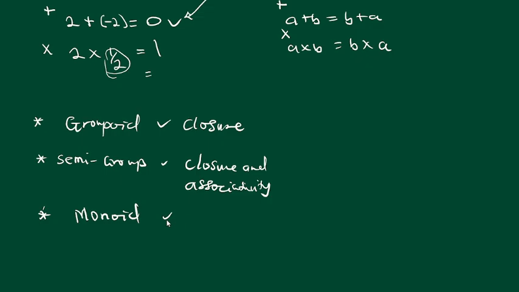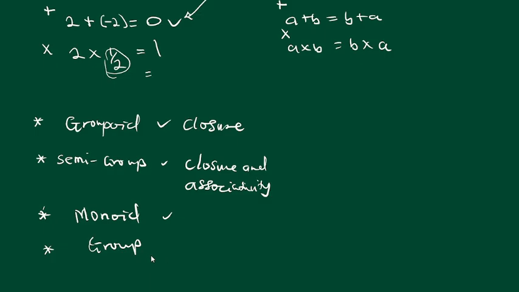It is called a monoid. Right. Also, when a binary system obeys or satisfies the closure, the associative, identity, and the inverse, it is called a group.